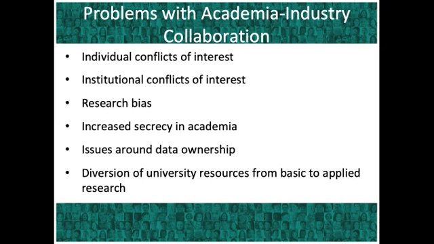We're going to talk about conflicts of interest in detail later on in this course, and we're going to talk both about institutional conflicts of interest, and the financial incentives that faculty members have to do research with these industry partners, and that can come into conflict with their obligations to other parts of their responsibilities.